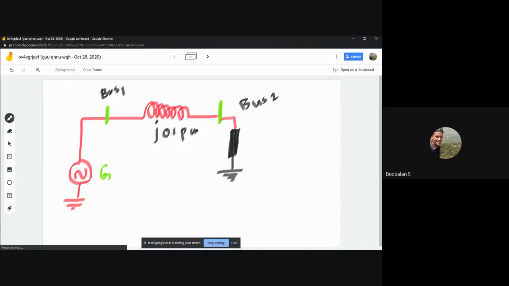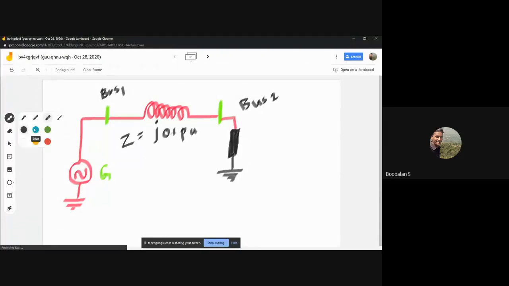This is my line impedance, called Z. Line impedance Z is imaginary, 0.1 per unit, right? And we need to do a load flow analysis for this simple power network.